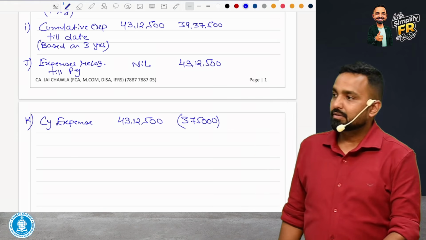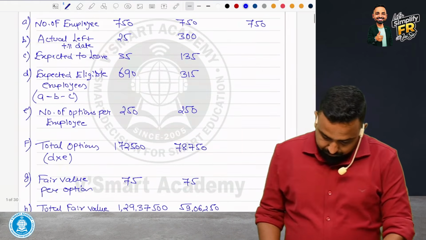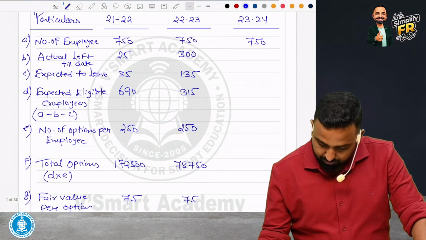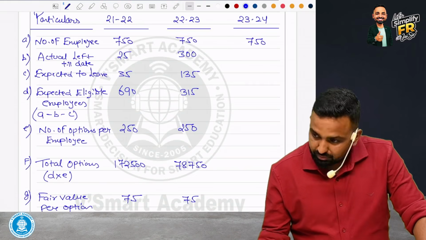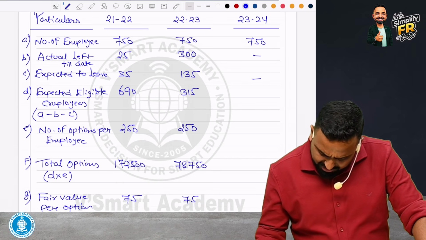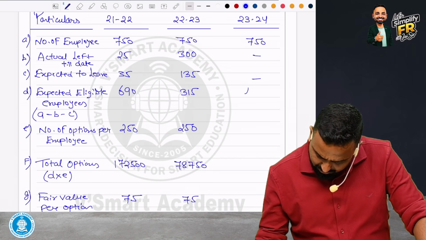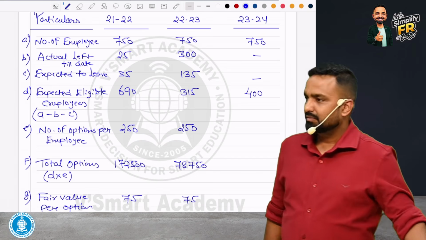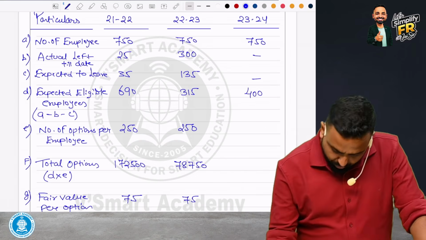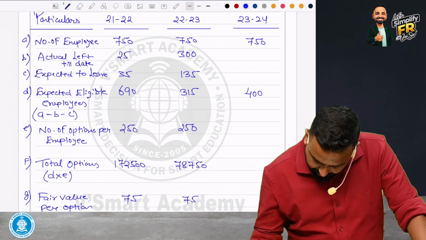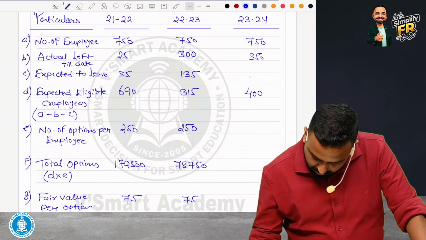Done everyone? Third year. Left: direct 400. Expected eligible, actual eligible 400. Done. So we can do here 350, here 0.